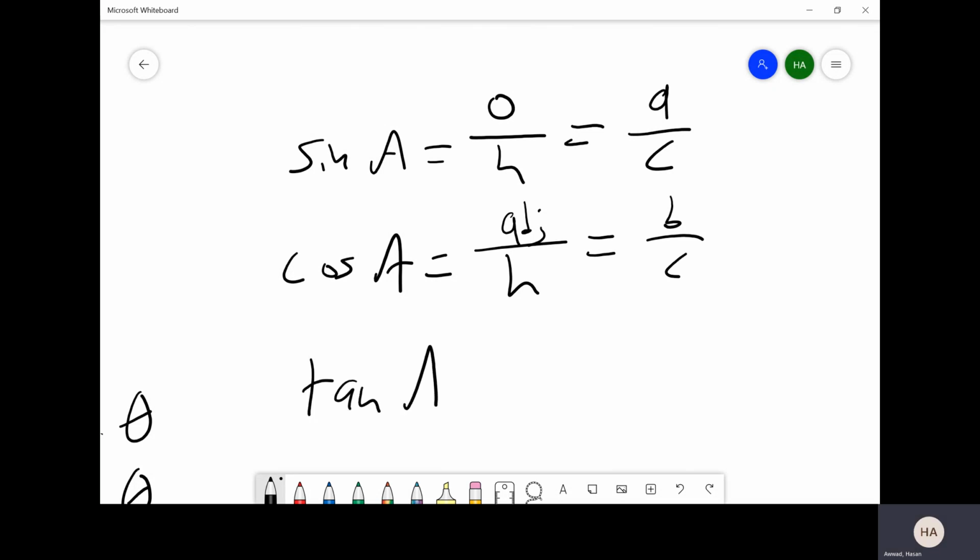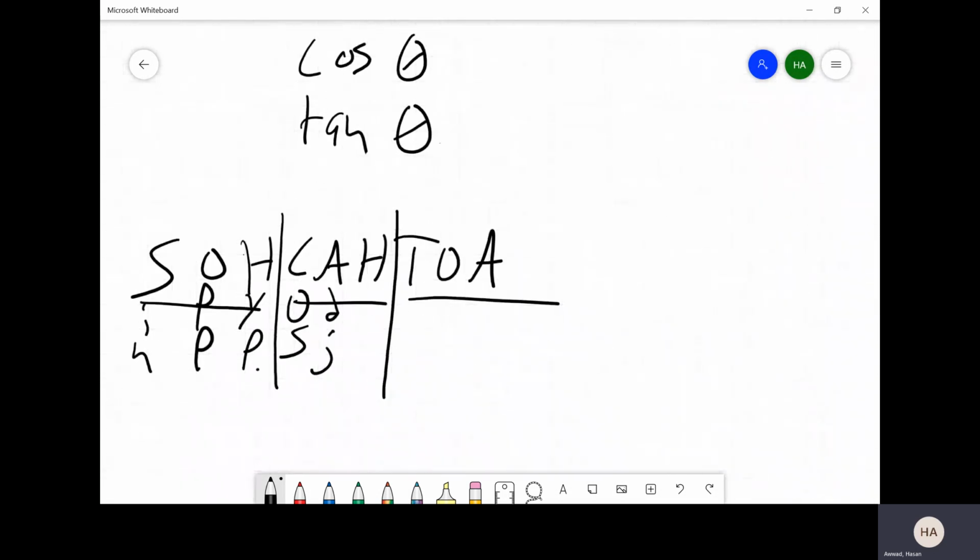We have now tangent of A. Okay, so tangent of A, well, the last piece of SOHCAHTOA is, again, T stands for tan, and O is always opposite, like we just talked about. A is always adjacent, again, just like we discussed. So for tangent of an angle, it's always the opposite side over the adjacent side.